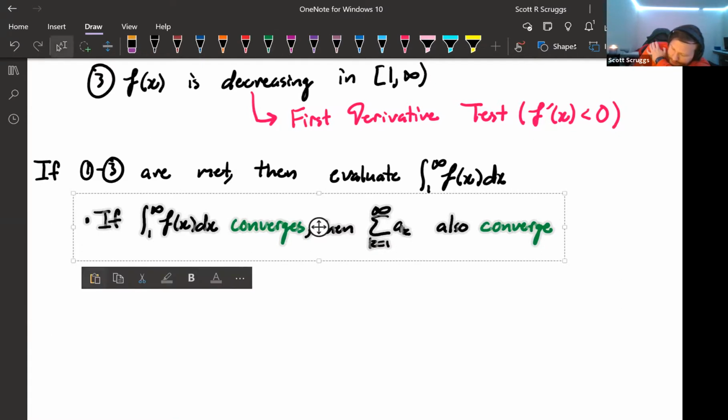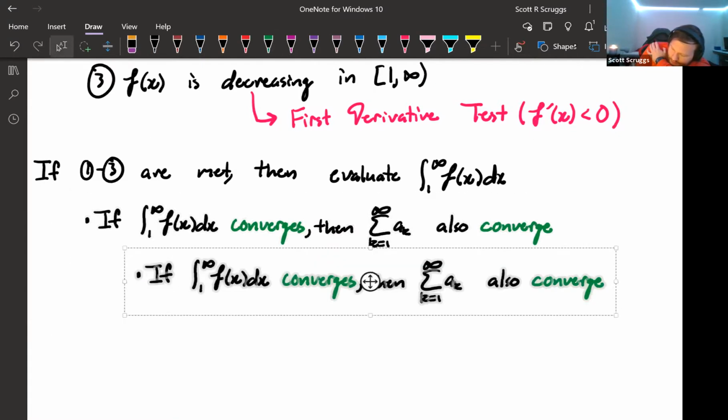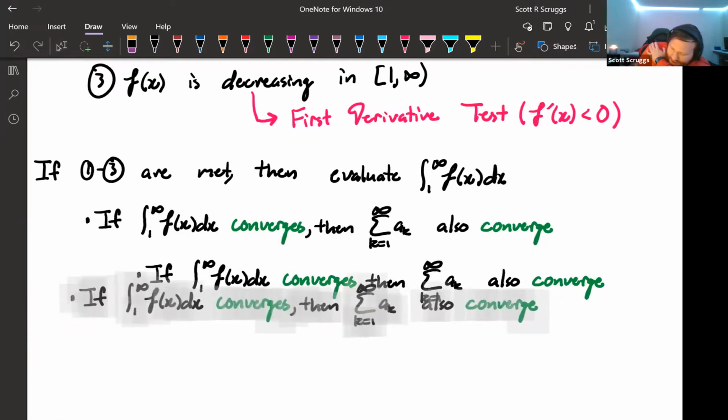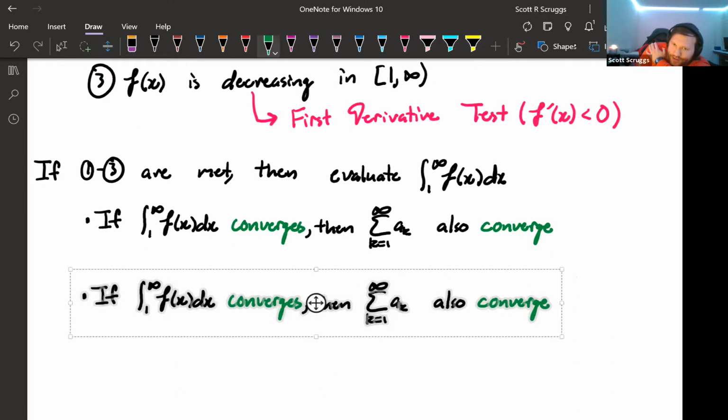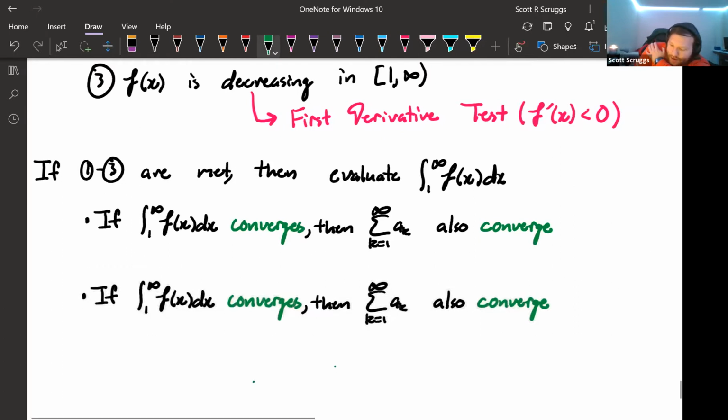Now, vice versa, if that improper integral diverges, then so will the series itself.